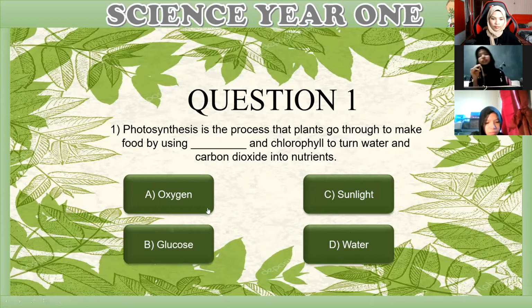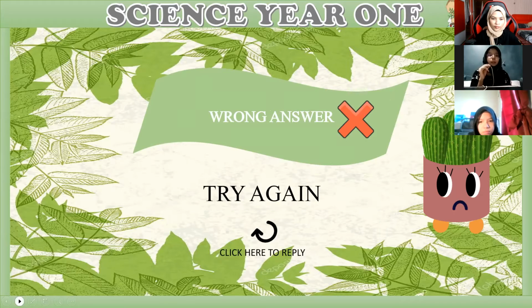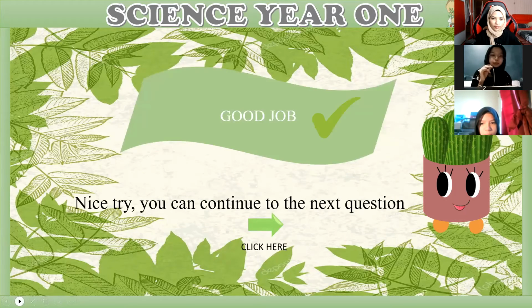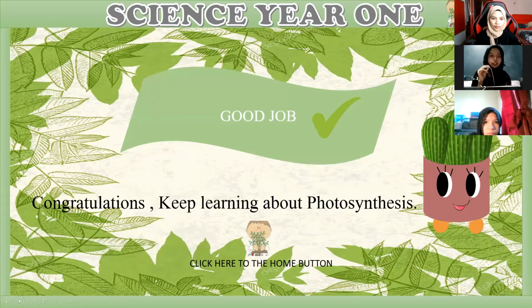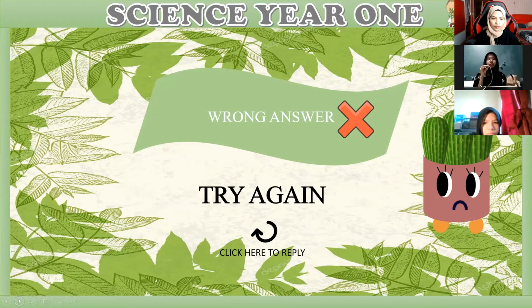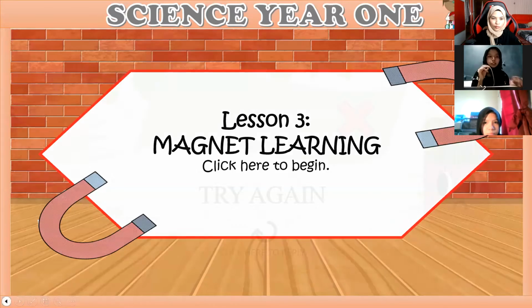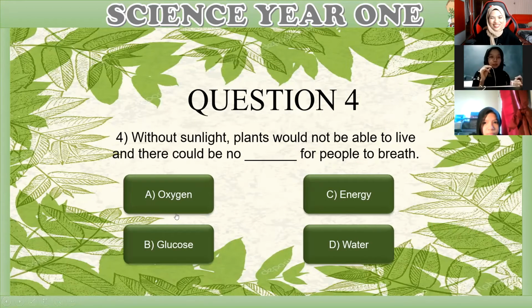Next, Lisa, just skip until question four. It's all the same. So for question four, if they get a correct answer, the correct answer is A, oxygen.